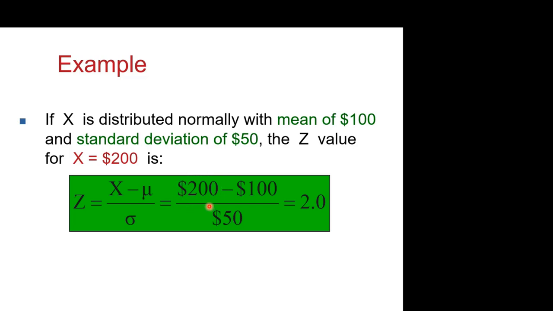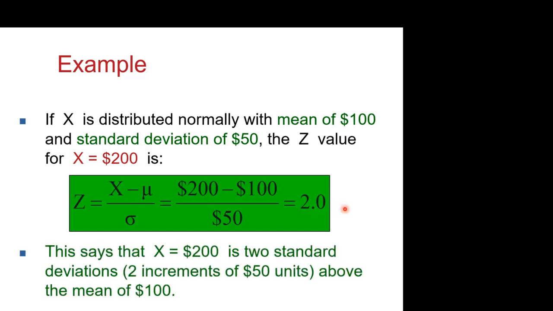In order to get the z value, we simply take x equals 200 minus the mean of 100, divided by the standard deviation of 50, and we will get 2.0. This says that x equals 200 is 2 increments of 50 units above the mean of 100.